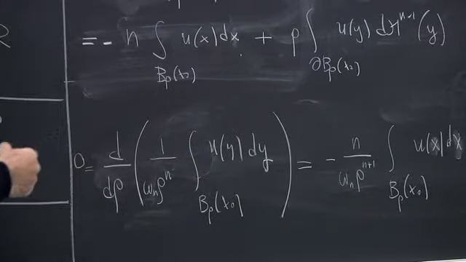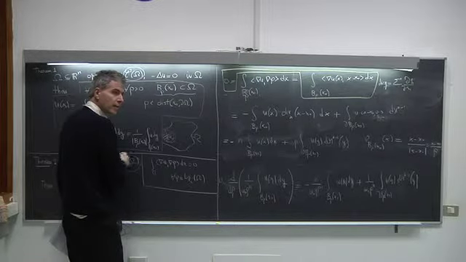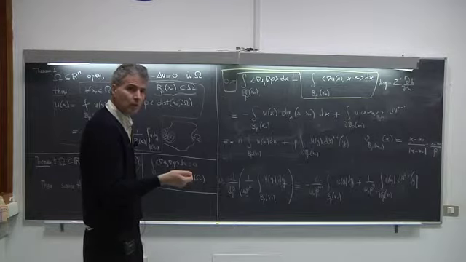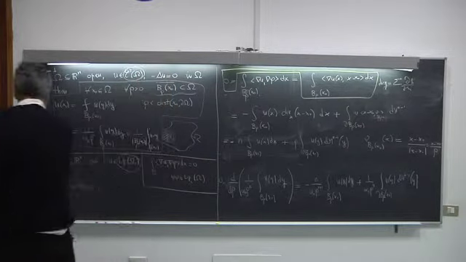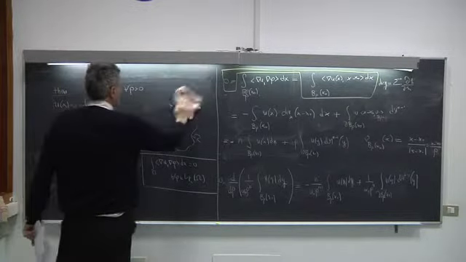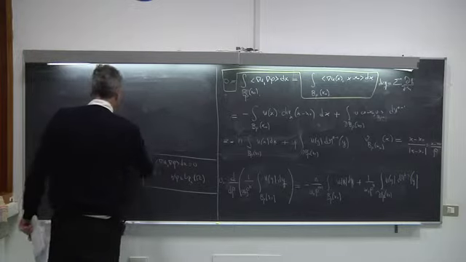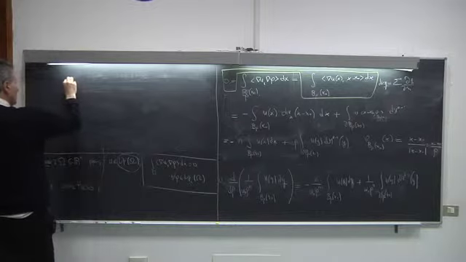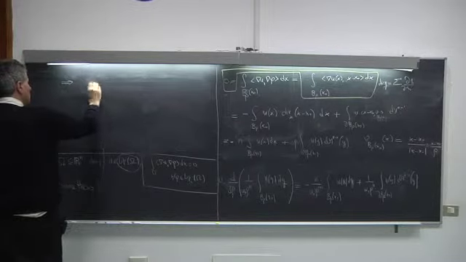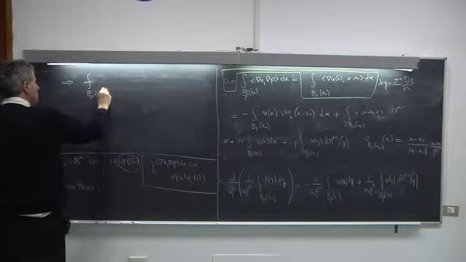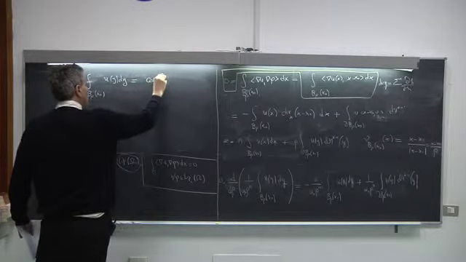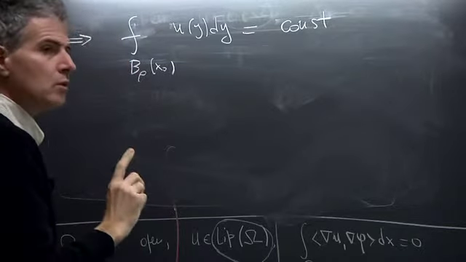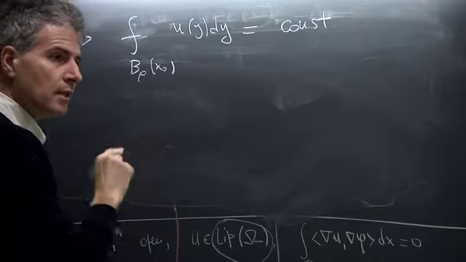Since u is Lipschitz and therefore continuous, I can let rho go to 0, and therefore u at the center is equal to the limit of this constant, independent of rho.